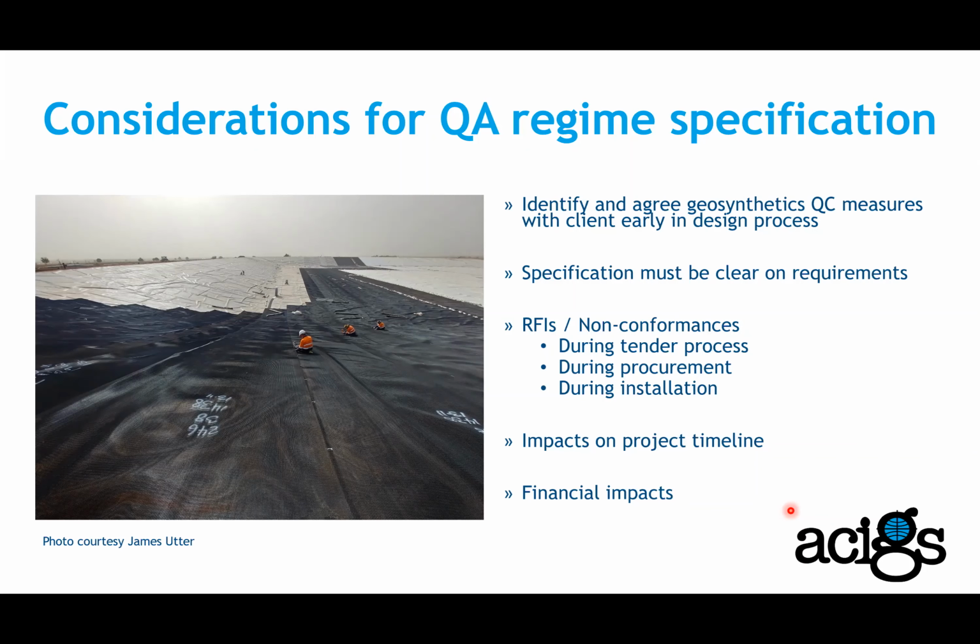So as I said, when we prepare the specification or design documentation, we need to also consider impacts on the project timeline and financial impacts. So we must have a very good understanding of the timeline and financial impacts as we prepare the spec and design documents.